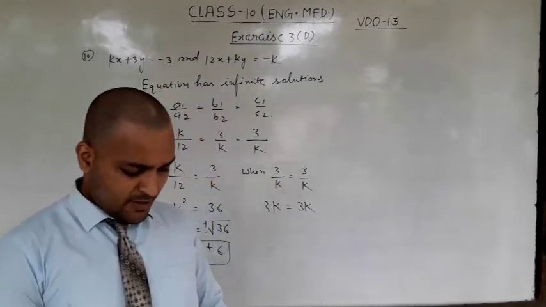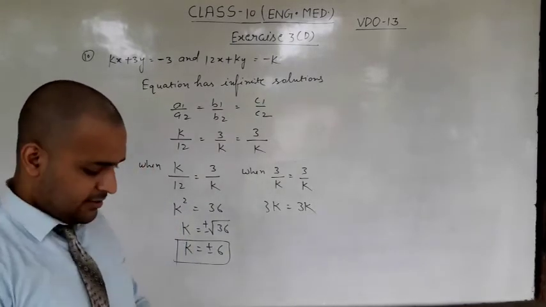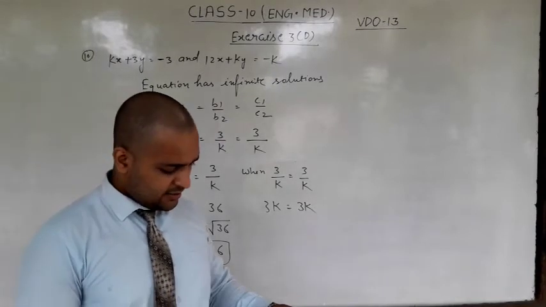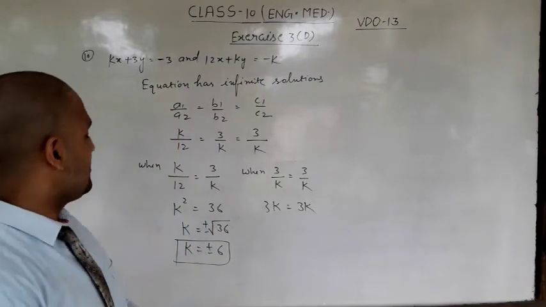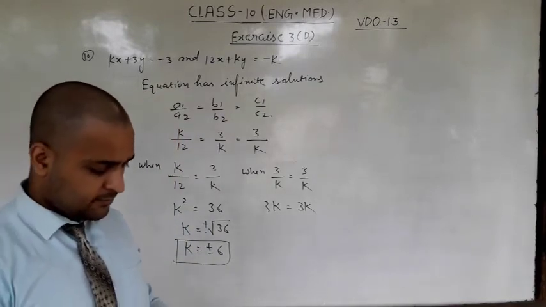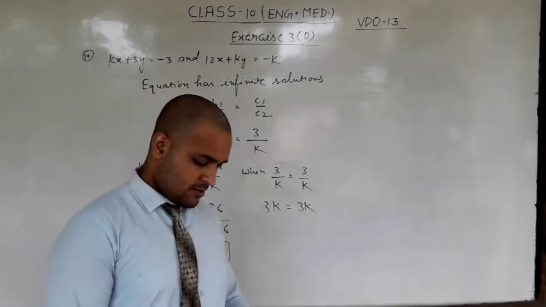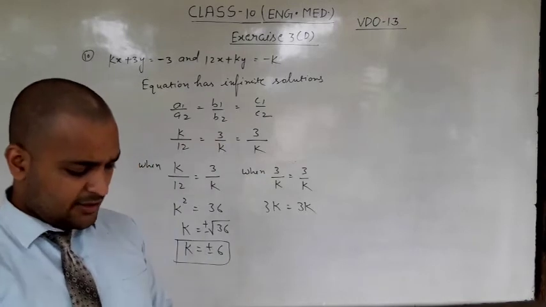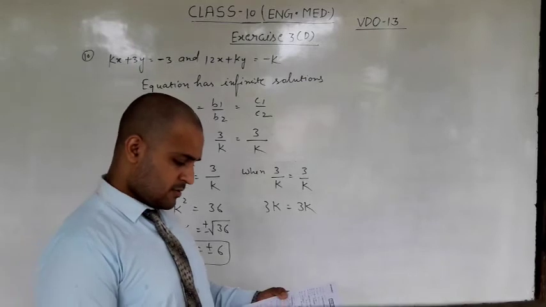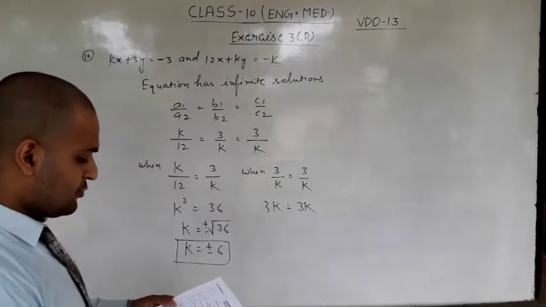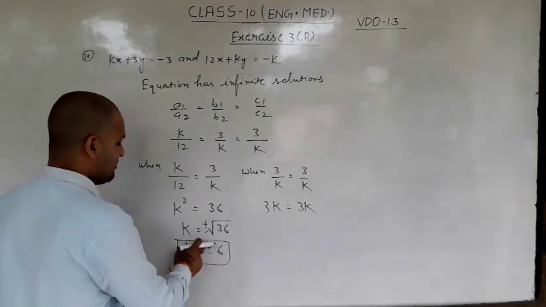Exercise 3D, that was question number 10. Now check the answer, and the answer of question number 10 is k is equal to 6, but here there is a square, so that will be plus minus 6.